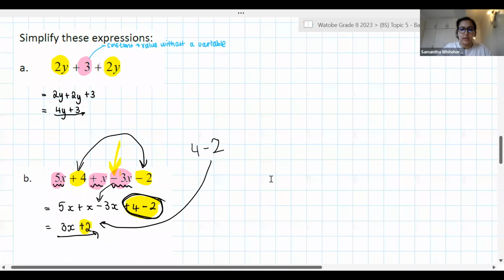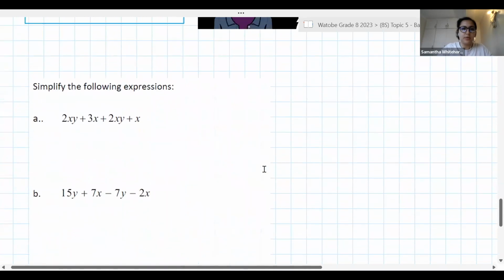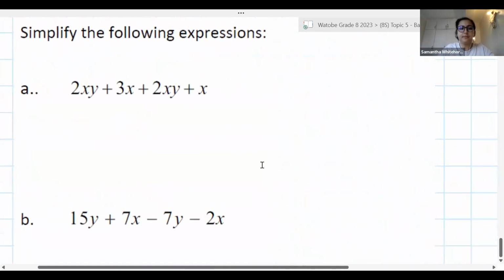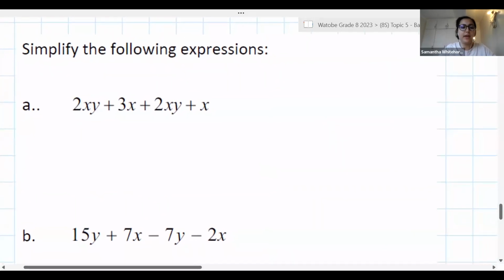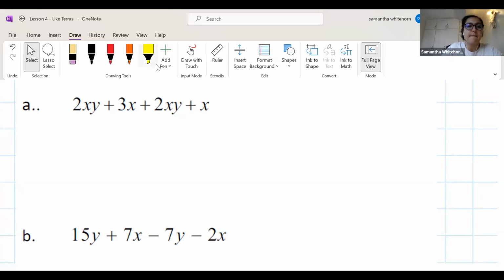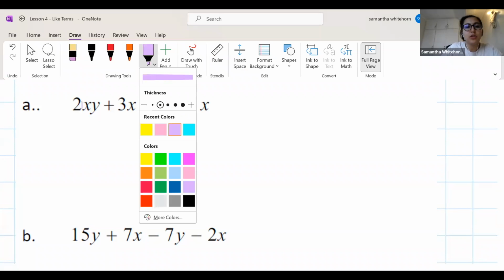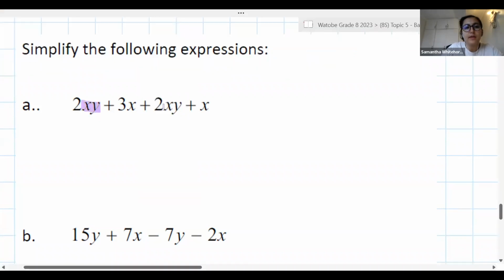All right, guys, let's have a look at some more examples. So if we have a look here, let's just start with question A for now. I'll take some more hands in a second. I just want to deal with this because you guys were asking. What you need to see is that you've got some terms with an x, y, and some terms with an x.